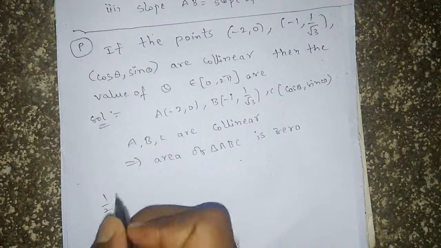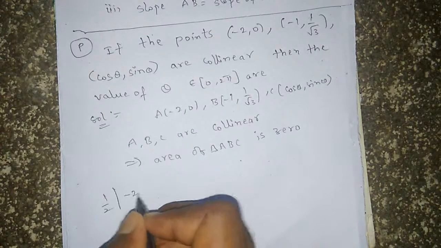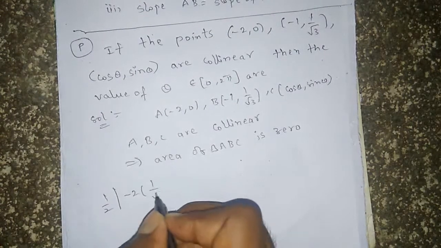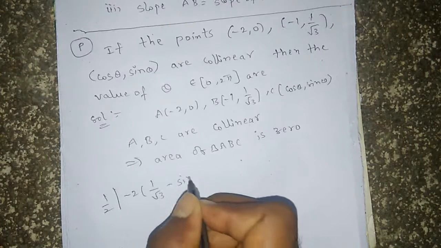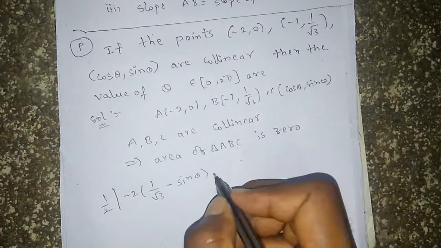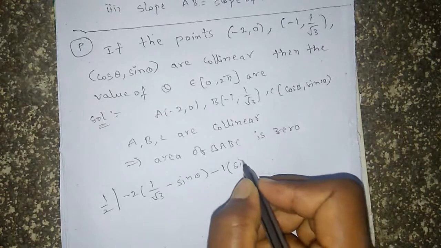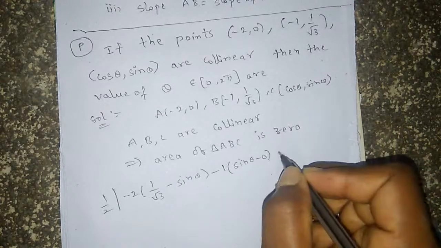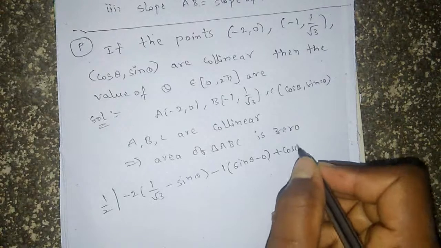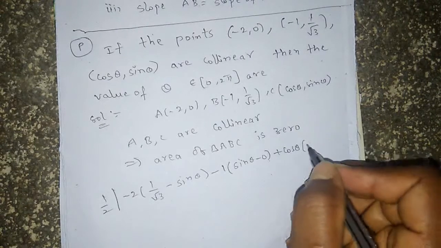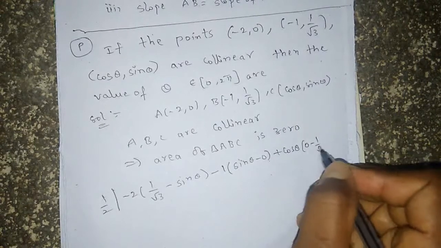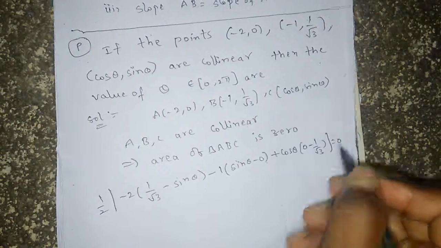So apply the formula, that is half mod x1 into y2 minus y3 plus x2 into y3 minus y1 plus x3 into y1 minus y2, that is equal to 0.